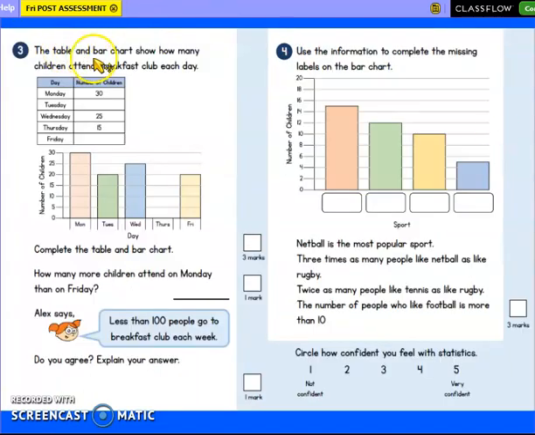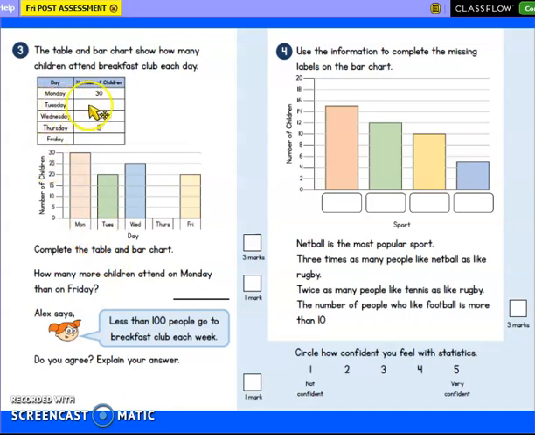Number 3, the table and bar chart show how many children attend Breakfast Club each day. Monday, Tuesday, Wednesday, Thursday, Friday, and you can see we've got 2 gaps here. Then we've got information recorded again, the same information, but it's in a bar chart. I'm going to use each of these to help them complete each other.